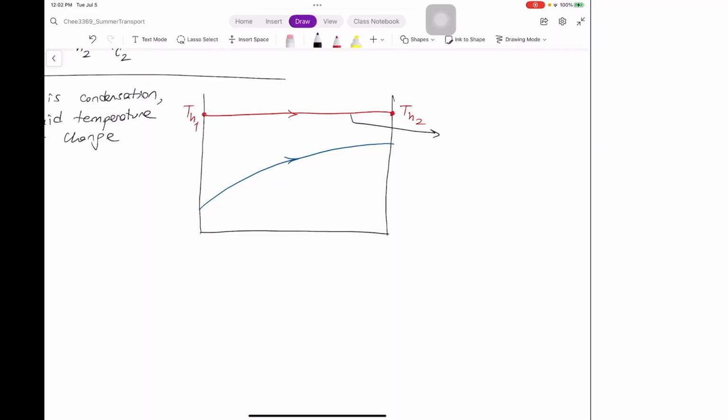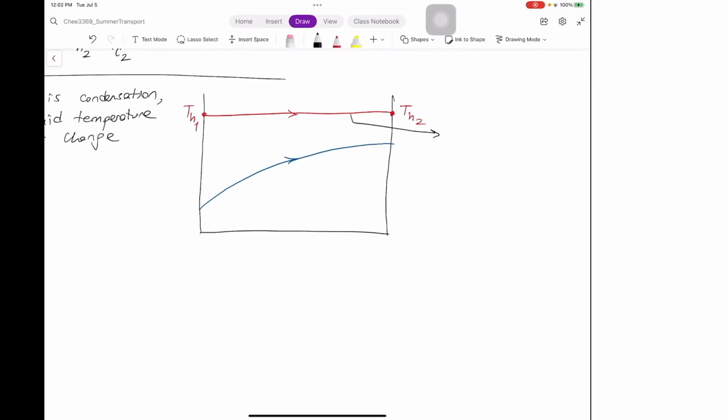Maybe it's not condensing, but you can see a similar situation when the flow rate of the hot fluid is very, very large, so that the temperature change is not appreciable. Or maybe its heat capacity is very large, so that you need to transfer a lot of heat to change its temperature very slightly.